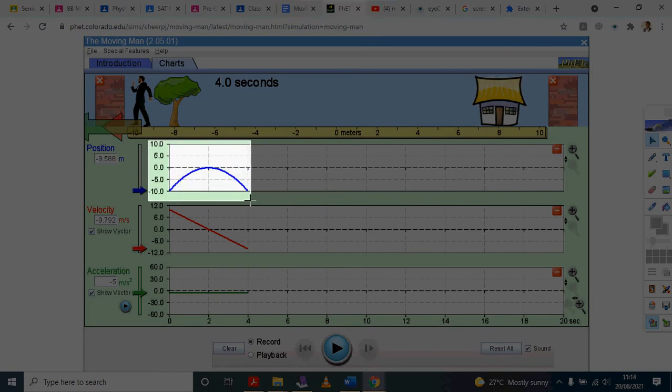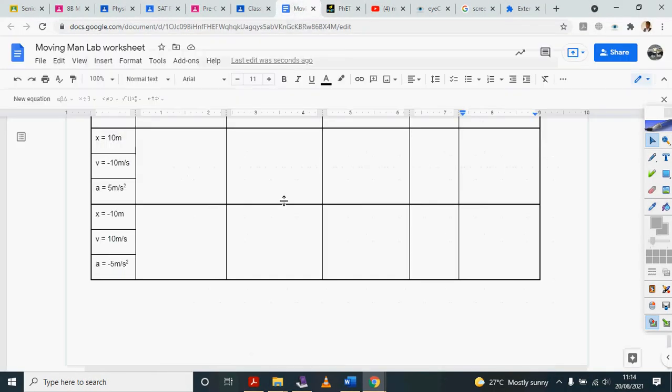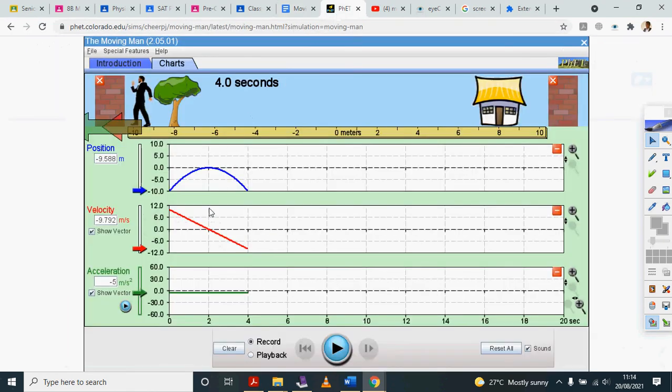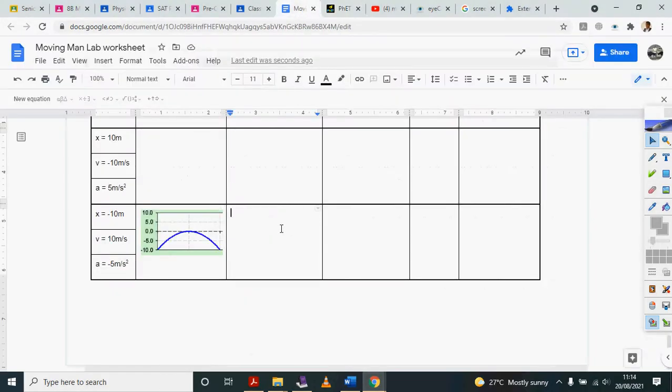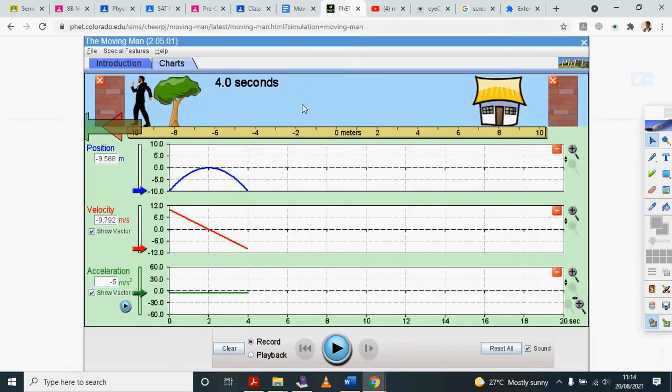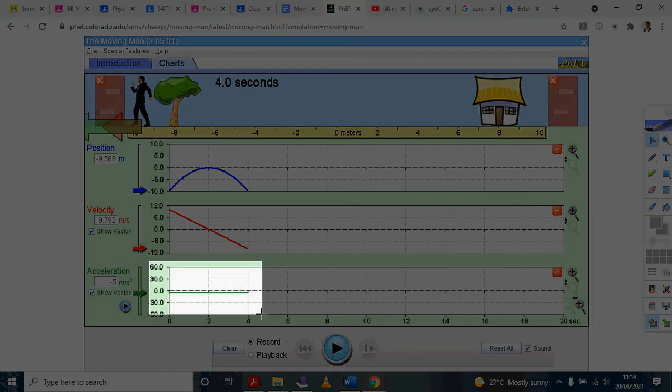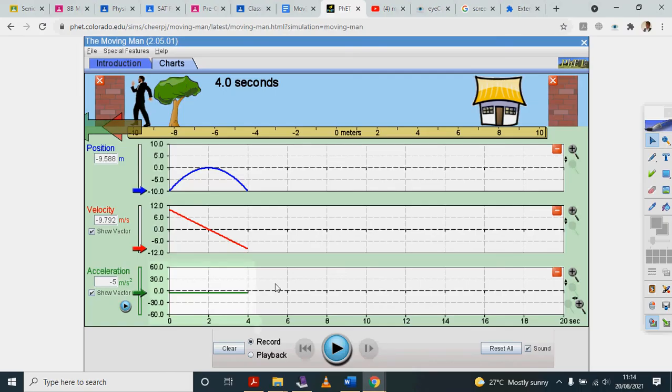It's already copied. Paste it. Windows Shift S, clip of the velocity time graph. Paste. And then lastly, Windows Shift S, the acceleration time graph is copied, and paste.